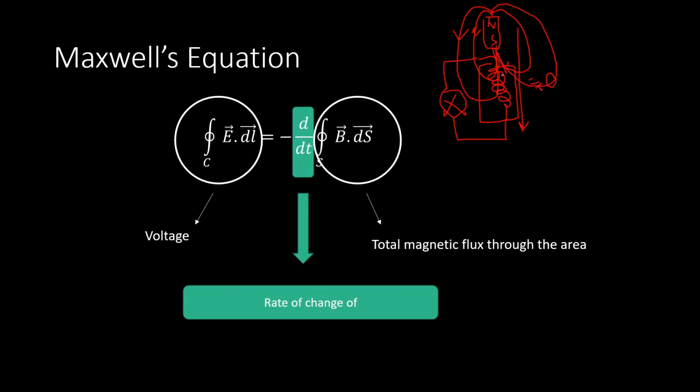In this case, there will be some induced voltage within this coil. Then the total magnetic flux is no longer 0. It's going to be something positive. So the total magnetic flux through the area will change from infinite distance away from the coil to some distance around the coil.